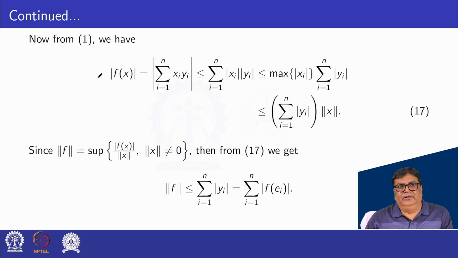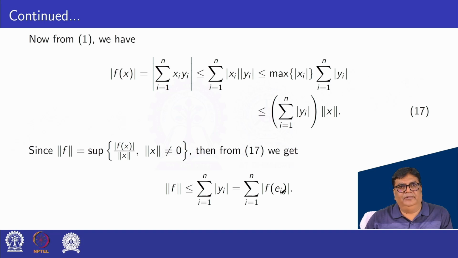So we can write mod fx less or equal to summation i is equal to 1 to n mod yi into norm x. Also we know that norm f is equal to supremum of mod fx upon norm x. So dividing both sides by norm x, we get norm f less or equal to summation i is equal to 1 to n mod yi.